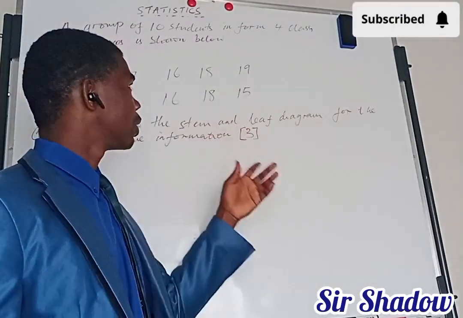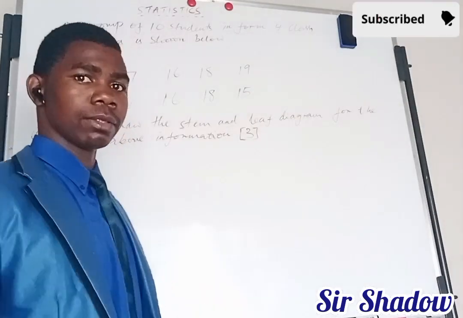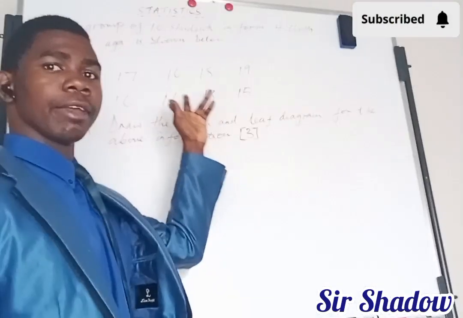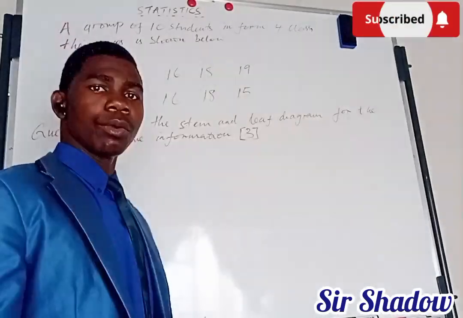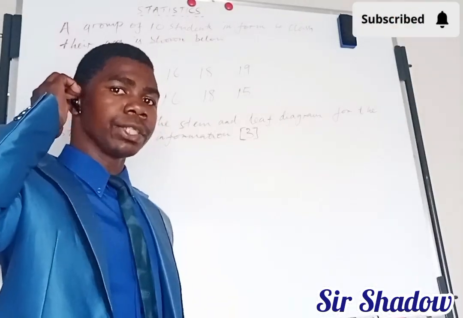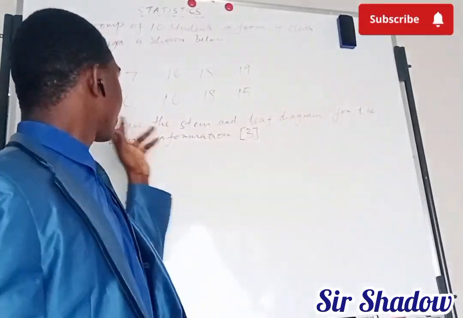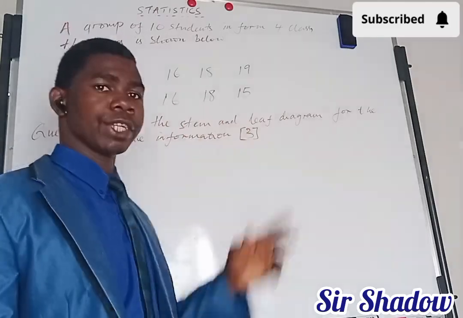And their ages are shown. We have 16, we have 17, we have 16, we have 18, then we have 19. Then for the last 5 students, we have 17, 16, 16, 18, 15.